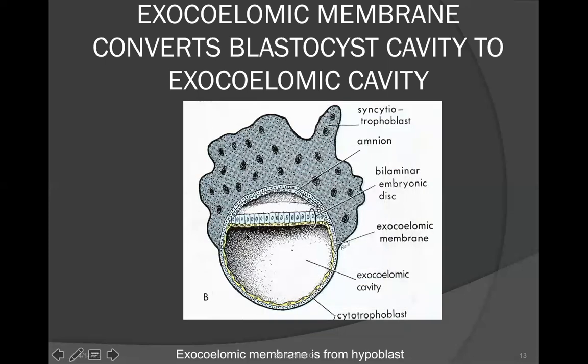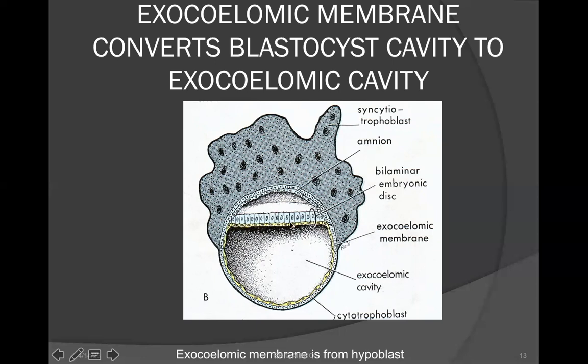All right, so if the yellow partition, or for want of a better word, the yellow layer is laid down in the blastocyst cavity completely, you have your exocoelomic cavity.